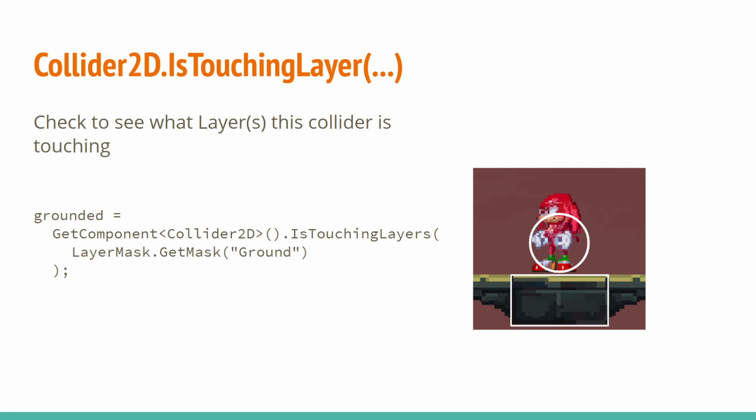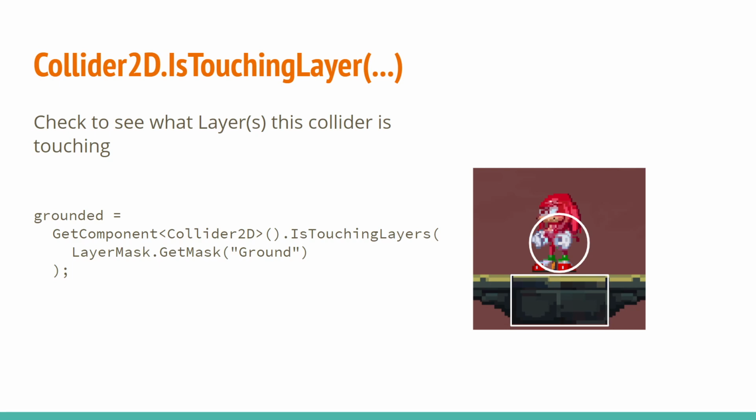Because it's a polling sort of thing, it's asking, right now, what am I touching? I could say, well, am I touching anything that has a collider that is on the layer called ground, right? So I'm using my collider to see, is my collider touching anything that is on the ground layer? So that's an interesting one, right?